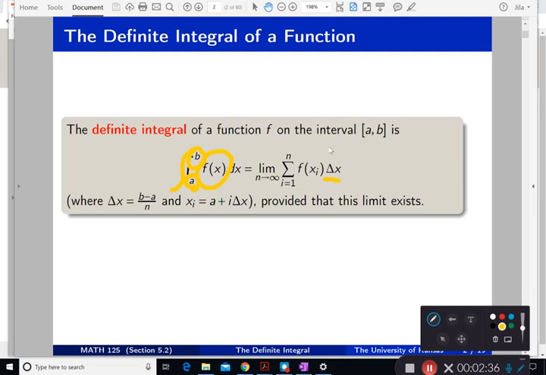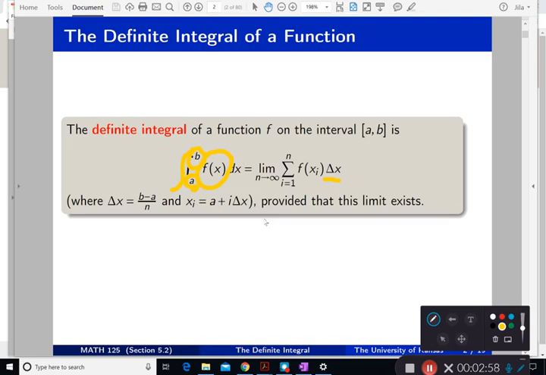Delta x is the one you use to break down the interval, but dx is what happens to it after the limit has been taken.